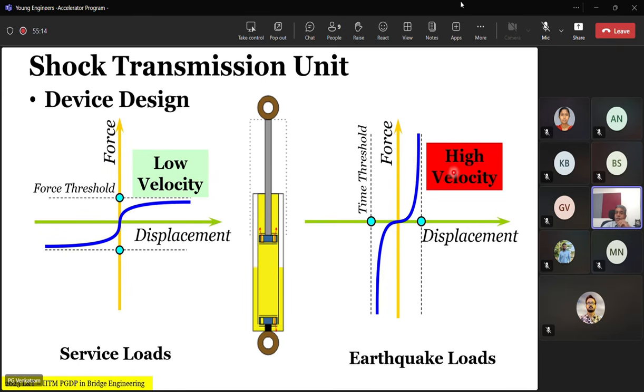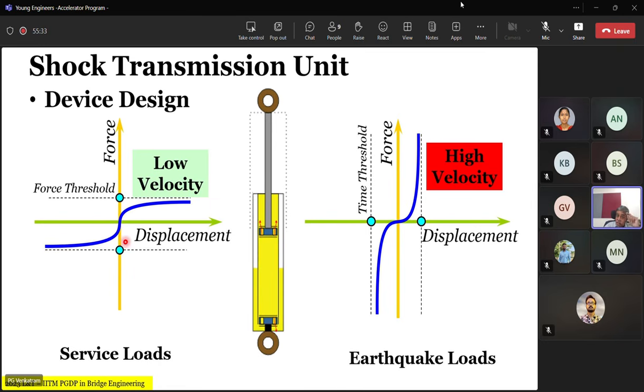What does it mean? It means that when the slow movements are taking place, there's only an upper limit of this force that will come. For example, in the case of pot PTFE bearing, we still consider friction.